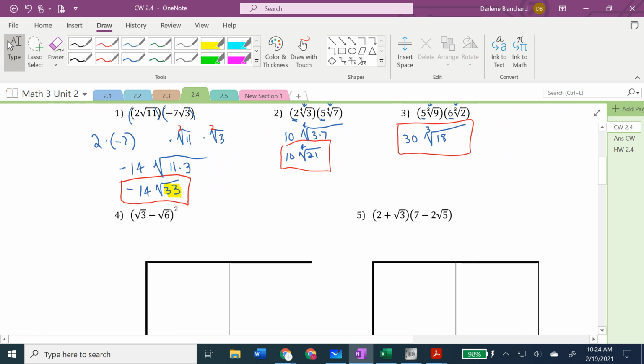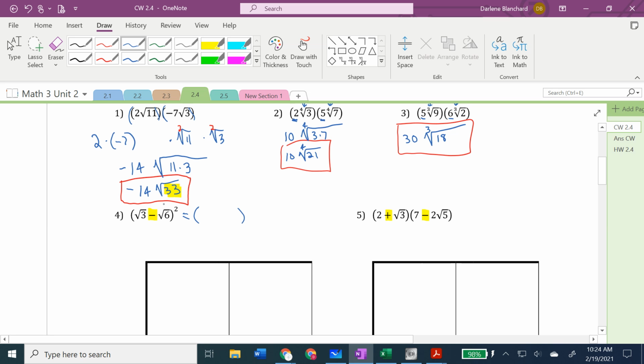Now, that was when you're dealing with square root expressions that are already multiplication to begin with. But now we need to take a look at multiplying square root expressions where you have addition or subtraction involved while you are doing the multiplication. So I want to emphasize first that when you are squaring something that has addition or subtraction, be very careful.